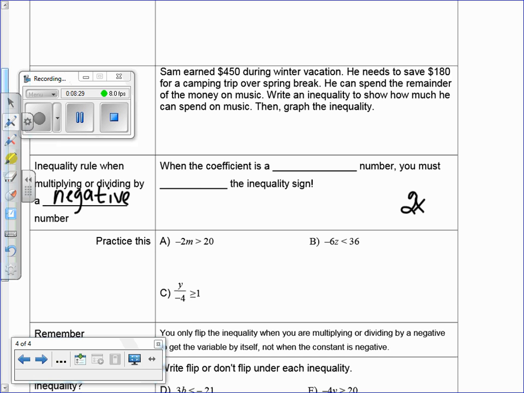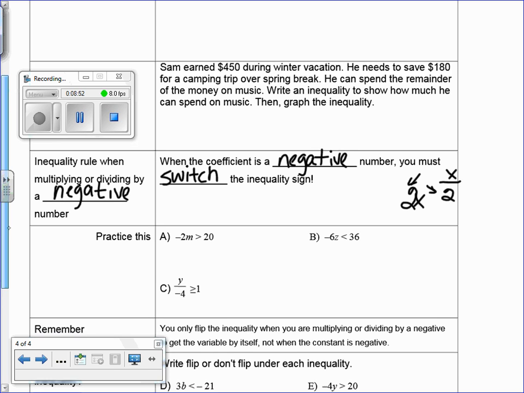If you have 2x, 2 is your coefficient. If you have x over 2, 2 again is your coefficient. When the coefficient is a negative number, you must switch the inequality sign. So what that means is this, all right?